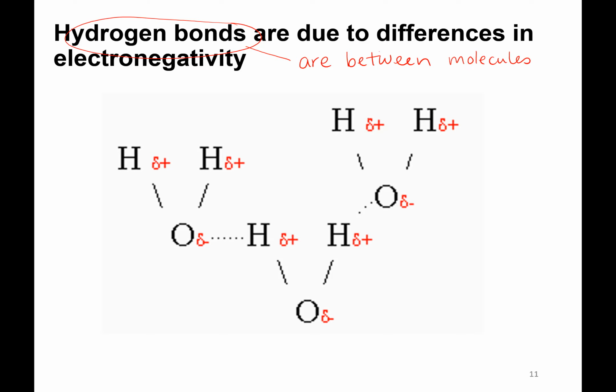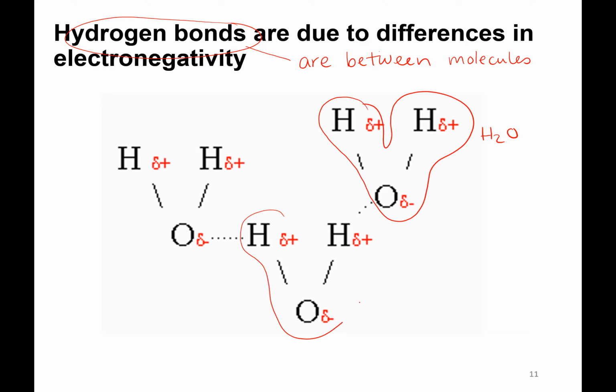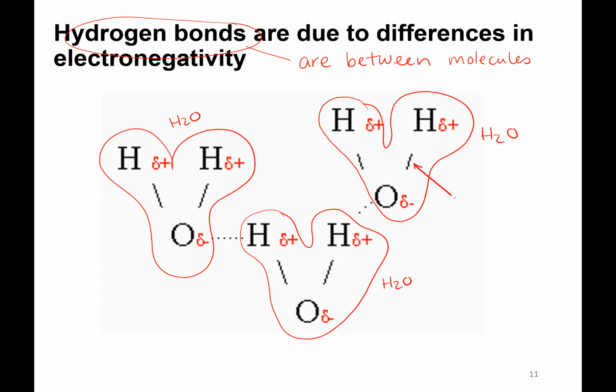In this case, this molecule is water. And we have another molecule of water. And we have a third molecule of water. And I showed you that these are the lines, polar covalent bonds. And hydrogens in a polar covalent molecule have a slight positive charge, and oxygens have a slight negative charge.